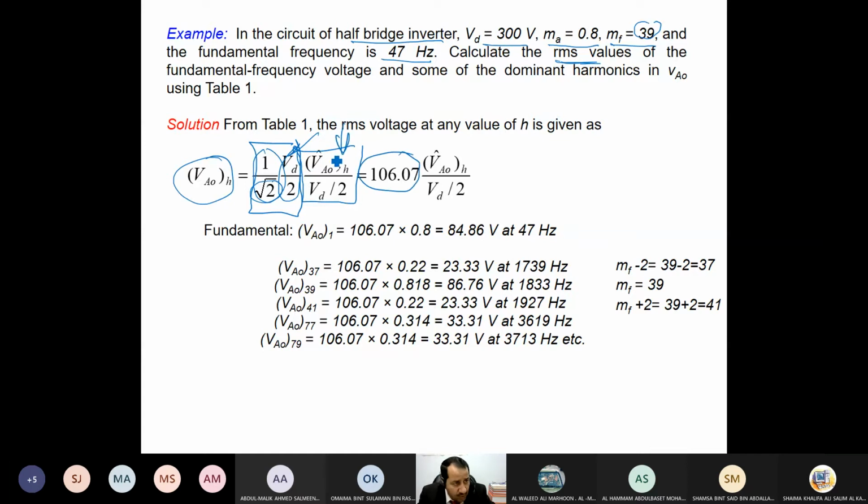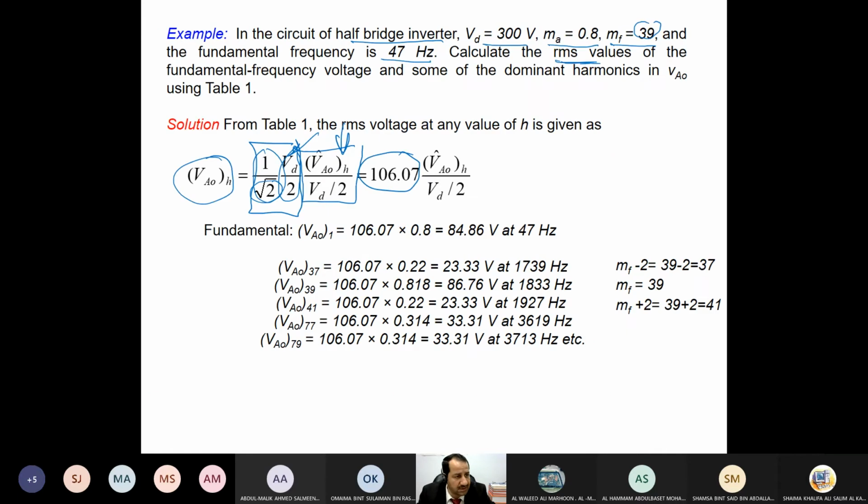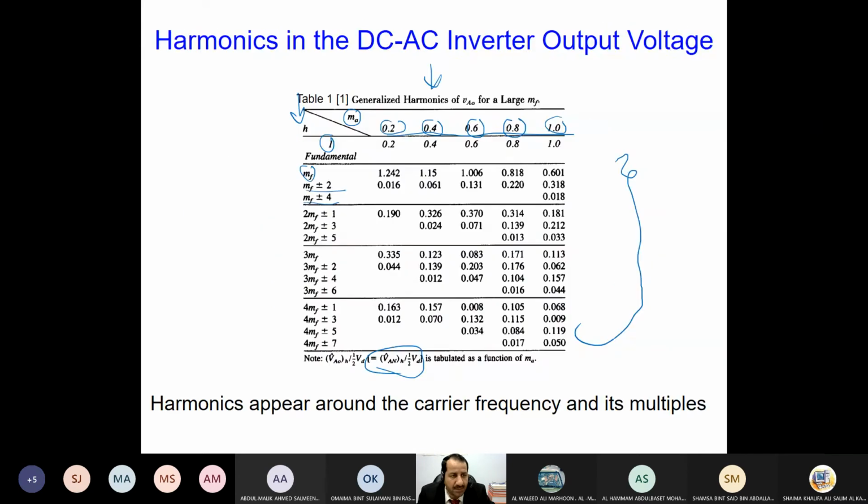But this ratio, where did I get it? Let me go back to the table. All these values represent the ratio, but I need to select the correct one. Now let me go to this example. It asks me about the fundamental. Just a minute, before I go: how much is MA? 0.8. Let me go back.